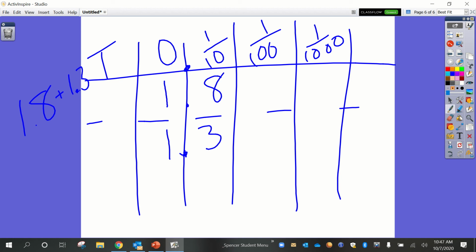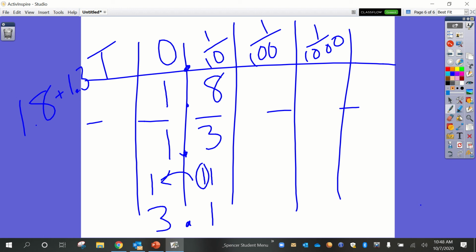Well, that would give us 11, right? 8 plus 3 is 11. Well, if we have 11, we need to regroup one of those. So now we have 1 plus 1 plus 1. So we should have 3.1 as our answer.